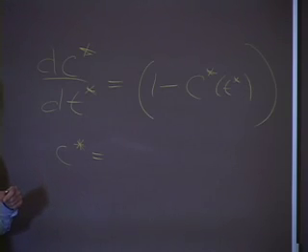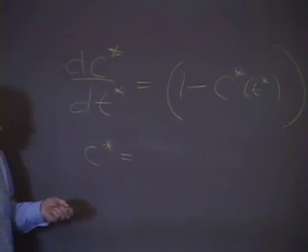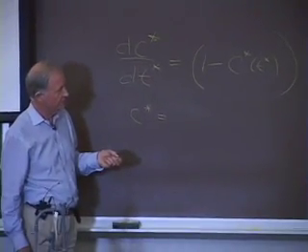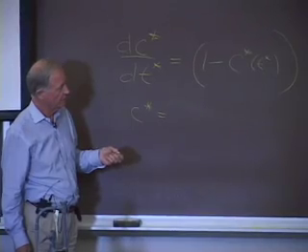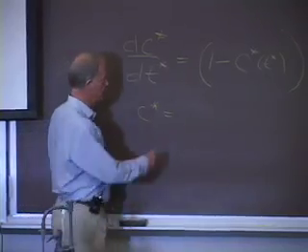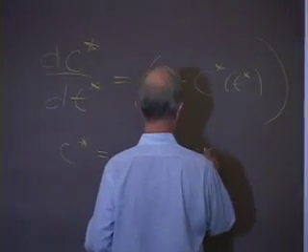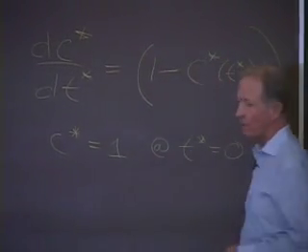Remember that first problem is a constant coming in at C0. That's the constant, and this is the value. If I divide one by the other, I get C star equal to 1 at t star equal to 0.